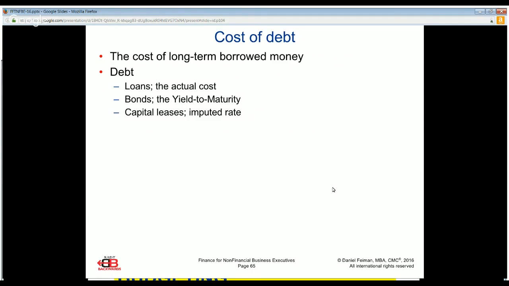The third form of debt that's extremely common, and we talked about capital leases in the previous module, are capital leases. Capital leases, if you remember, are long-term rental obligations. They are almost the same as buying an asset, but not quite from a legal and a tax standpoint.